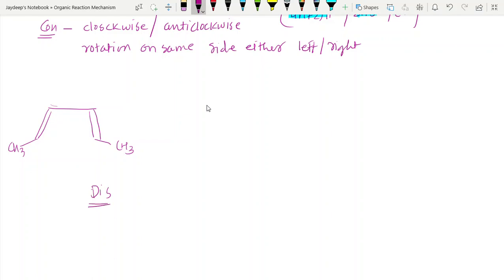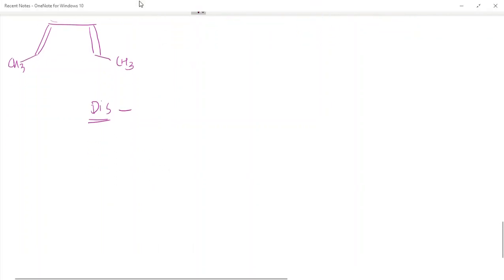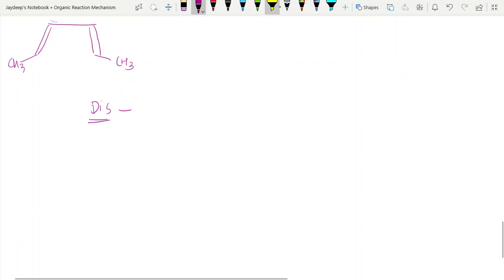As I said, in the case of conrotatory rotation, both the methyl groups, both the substituents, rotate either clockwise or anti-clockwise, on the right hand side or left hand side, simultaneously. Both move. So in the case of this, it means the rotation of the methyl groups.